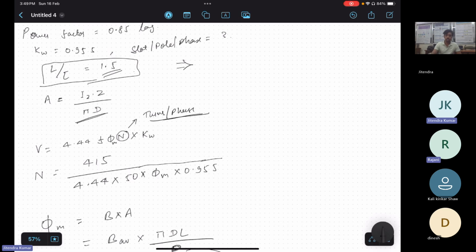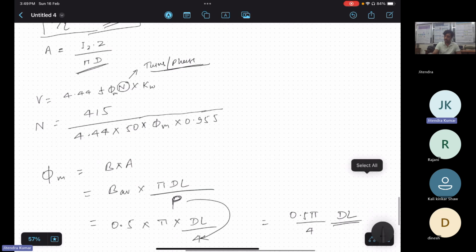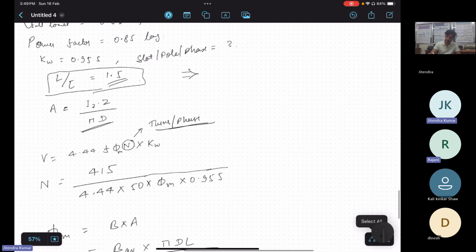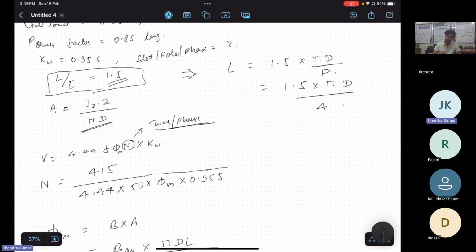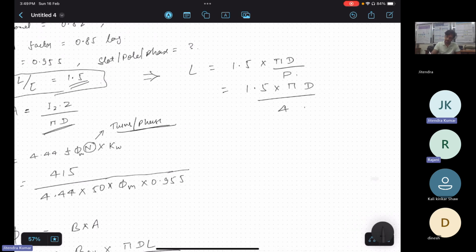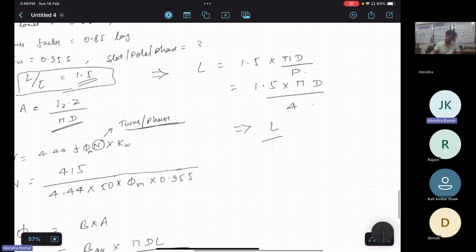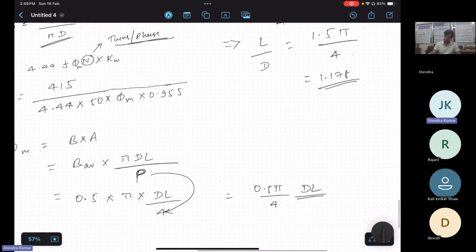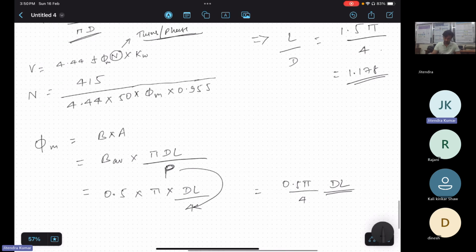Pole pitch is nothing but pi D by P. So 1.5 into pi into D divided by 4, and L by D ratio is 1.5 pi by 4, which is 1.178. So now this expression we have.